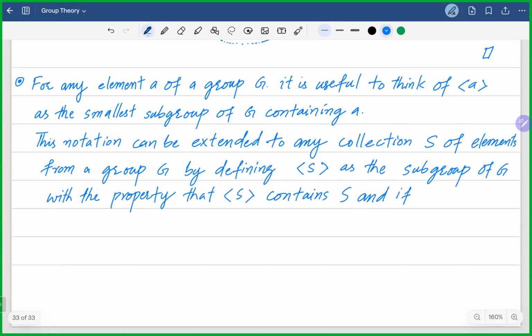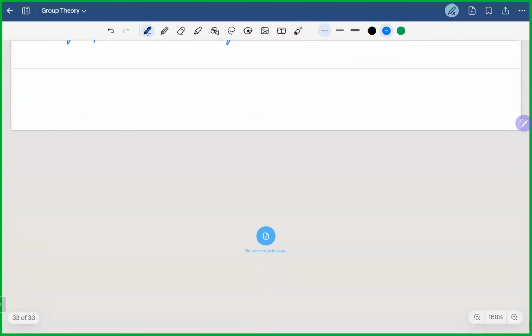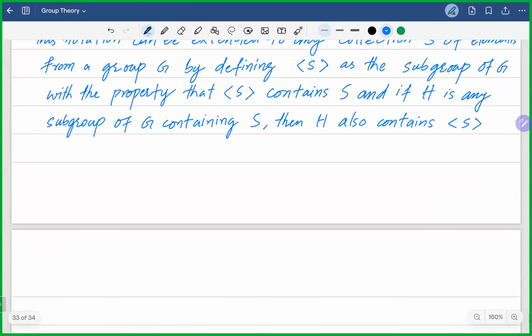and if H is any subgroup of G containing the collection of elements S, then H also contains the subgroup generated by these elements.